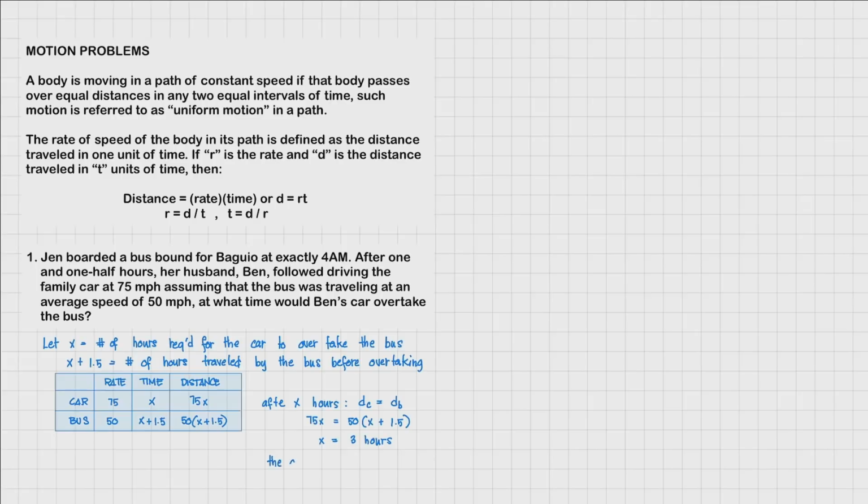The car will overtake the bus at 8:30 a.m. Alright, so that's the final answer for our example.